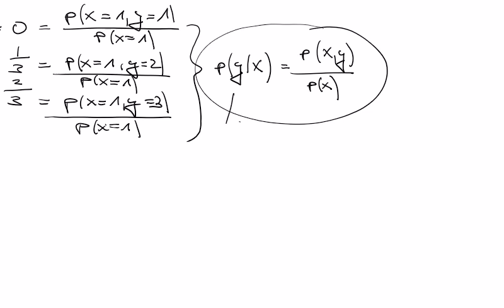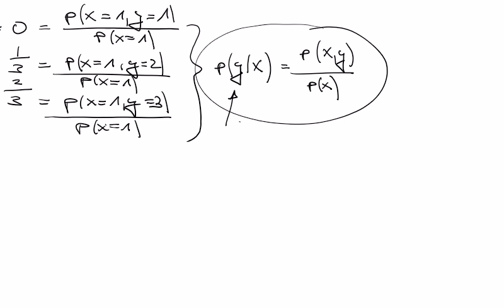So this thing here, that's the conditional probability of y given x. So the conditional probability distribution of the random variable y given the random variable x. This is a very short notation for many conditional probabilities, namely the conditional probability that y equals 1 given that x equals 1, or the conditional probability that y equals 3 given that x equals 2, and all of these probabilities.